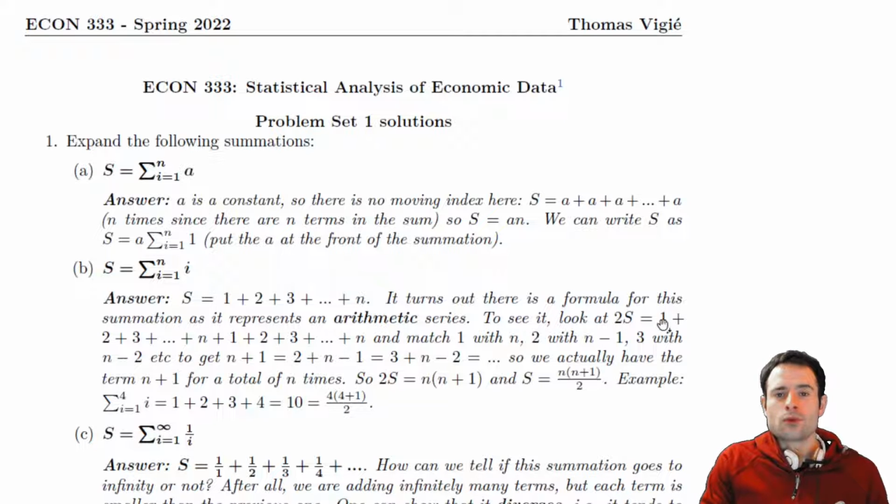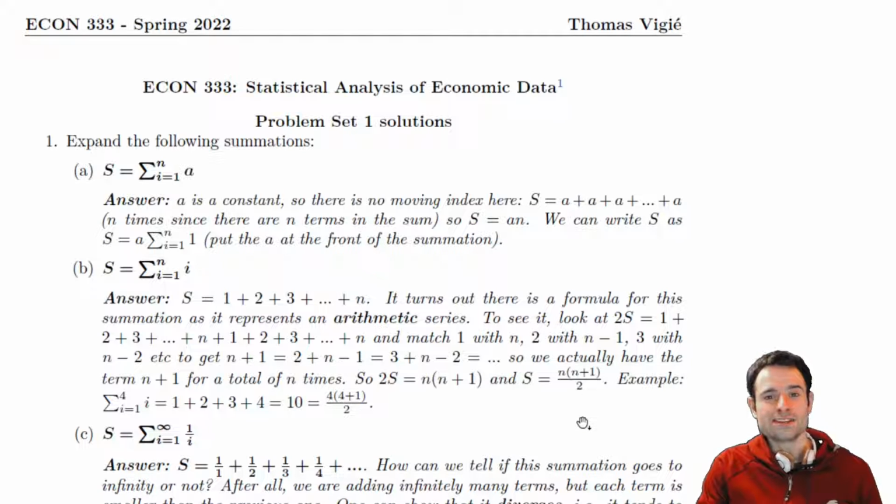So the number n plus 1 will appear n times. So 2 times s, so 2 times this sum, will be equal to n times n plus 1 by matching all these numbers. Finally, since I only want to get the number s, I just divide the right-hand side by number 2, and I get n times n plus 1 over 2.